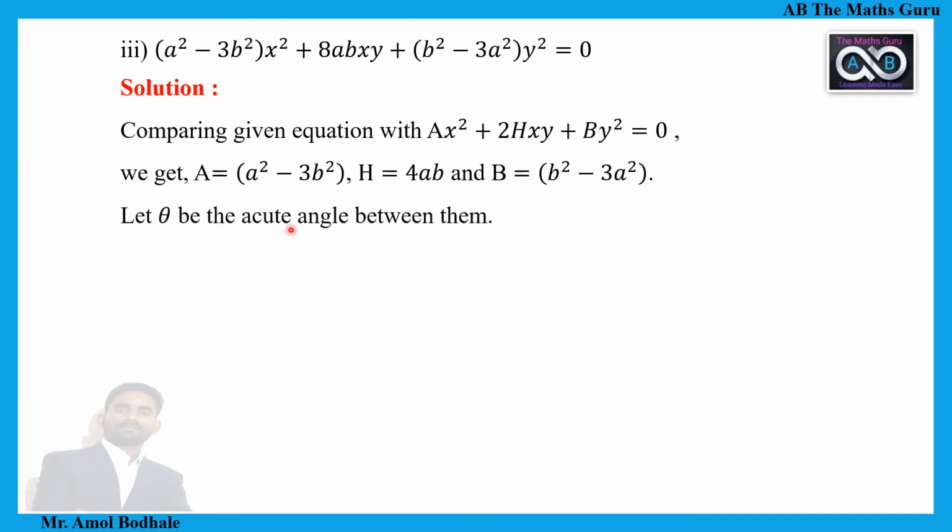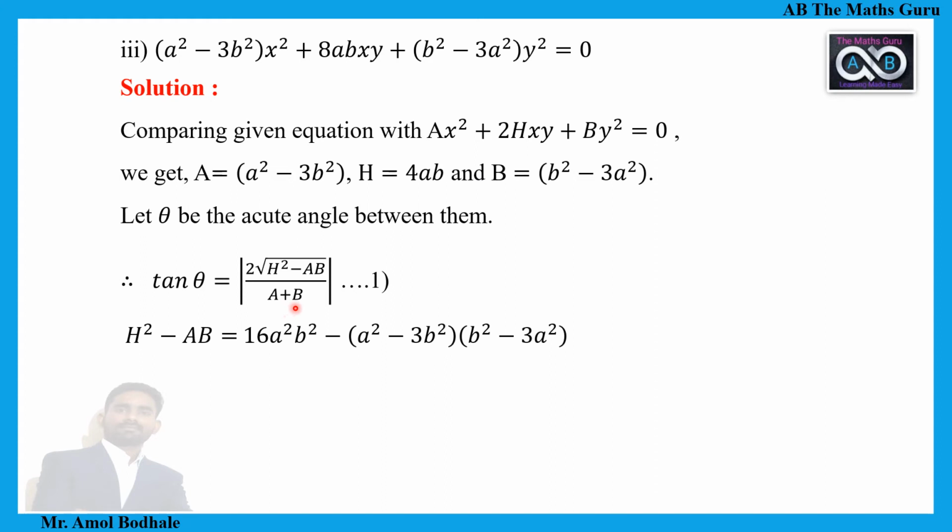Now let theta be the acute angle between them. Even in the formula of tan theta we will replace small h, a and b by capital H, A and B, and we'll put the values of H square, capital A and B from above.